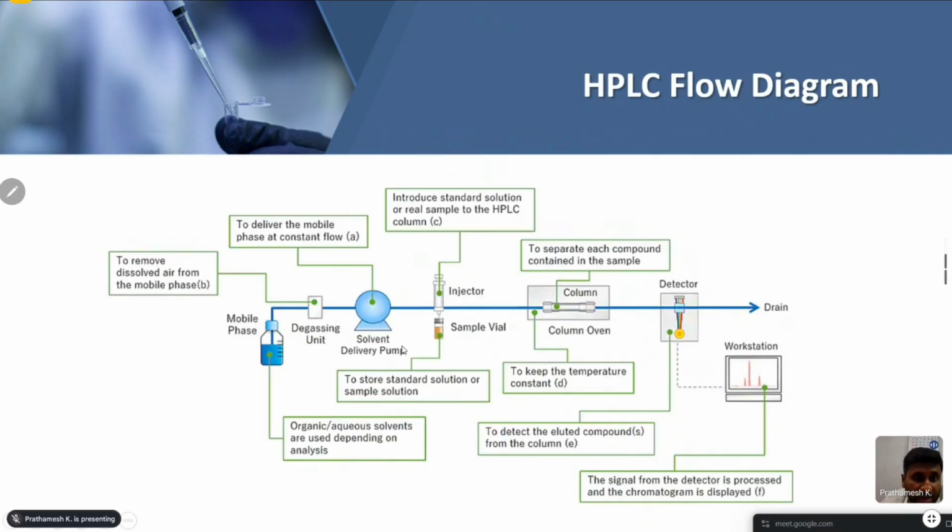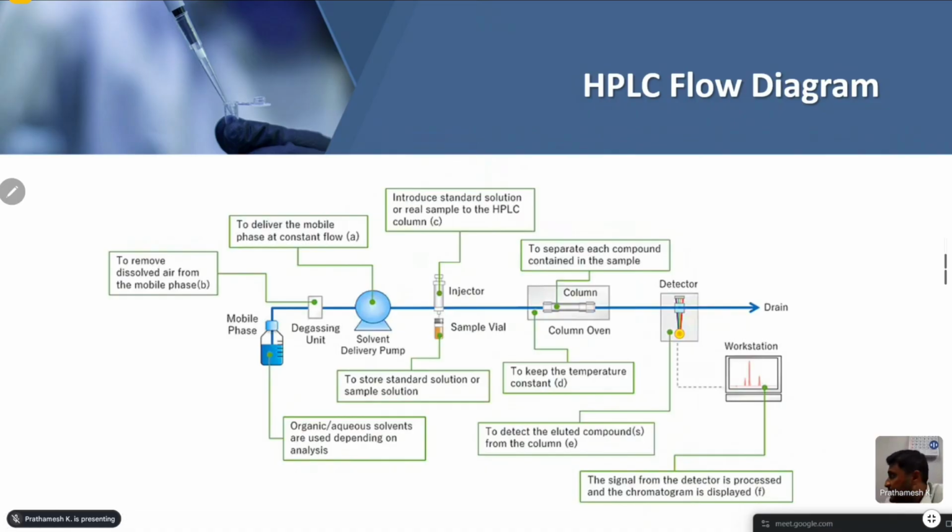You have a pump, as I mentioned, to maintain a constant flow of the mobile phase. Then you have an injector, which injects the sample whose analytes you want to separate. Then you have a column which is maintained at a constant temperature. Then you have a detector and then you have a workstation. So this is the basic flow diagram of an HPLC.